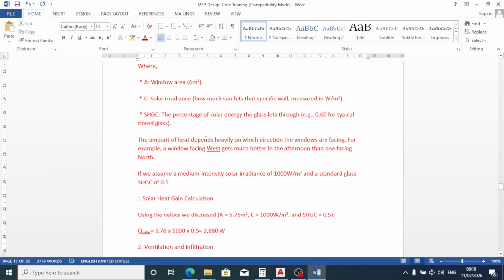So now the amount of heat depends heavily on which direction the windows are facing. For example, a window facing west gets much hotter, because the sun is more brutal on the west side, so that is why this is saying this.